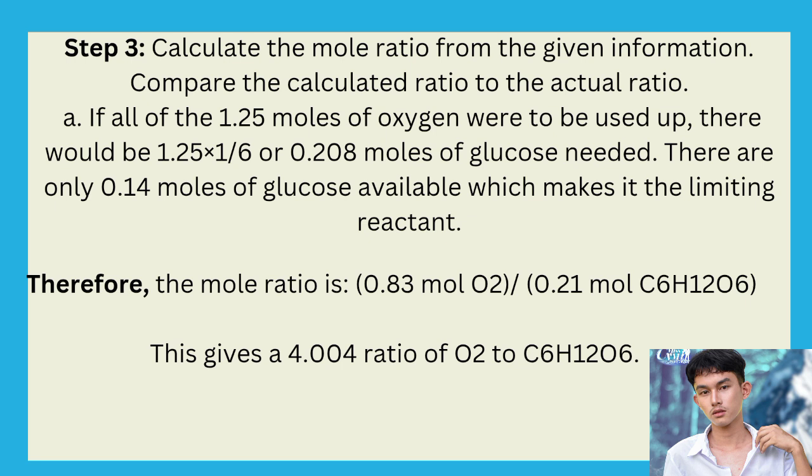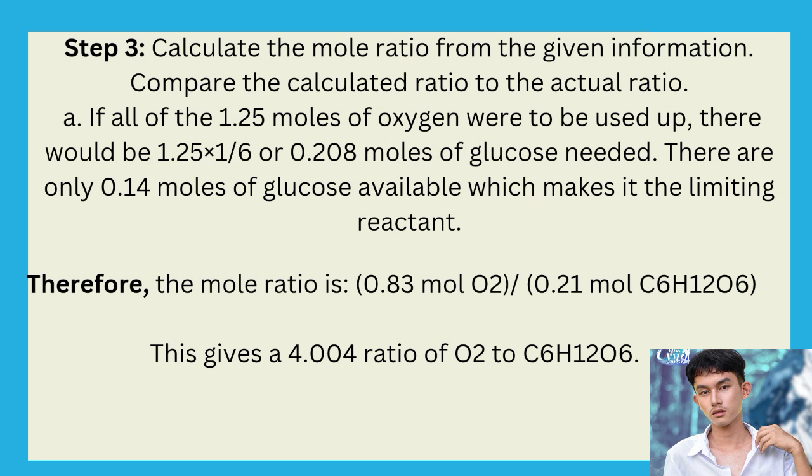Step 3. Compare the mole ratio calculated from the given information to the actual ratio. If all of the 1.25 moles of oxygen were to be used up, there would be 1.25 times 1 over 6, or 0.208 moles of glucose needed. There are 0.40 moles of glucose available.